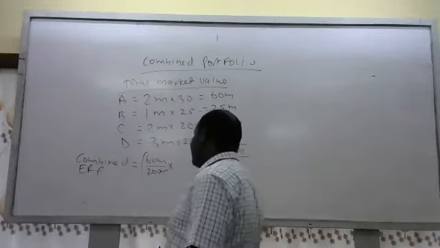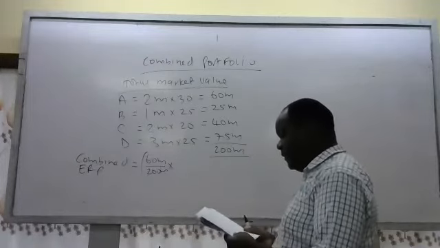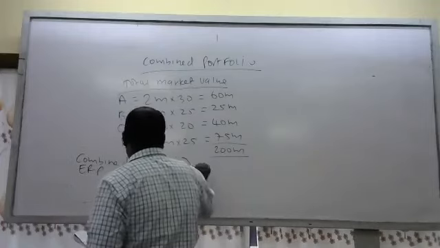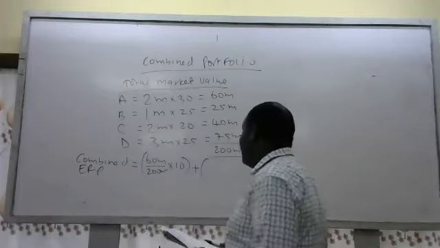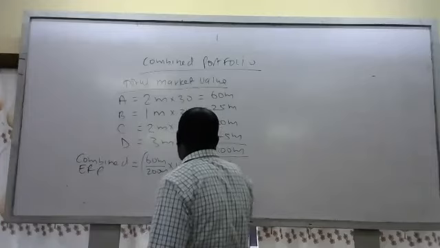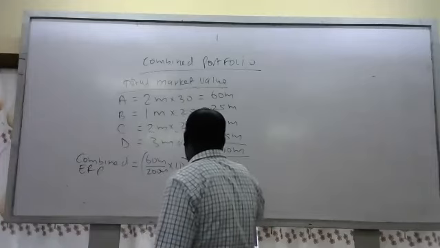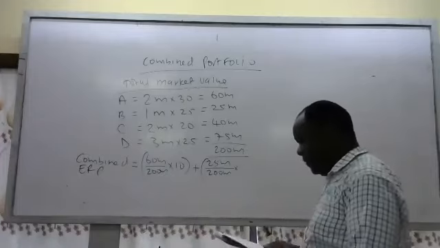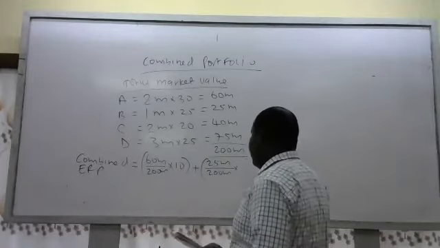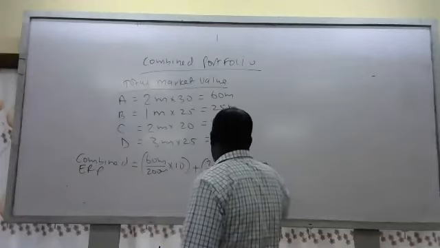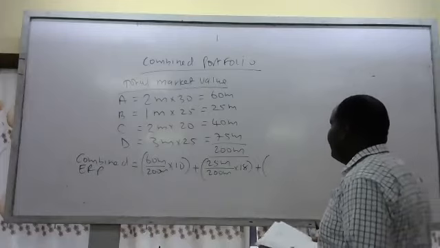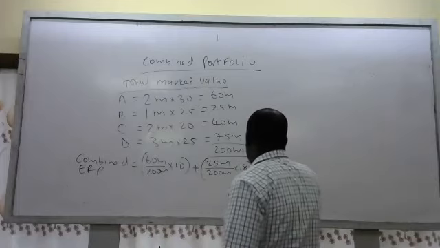The expected return for A, you can see in the question, was given as 10. Then we add B: you take 25 million, also divide by 200 million, and multiply by 18.